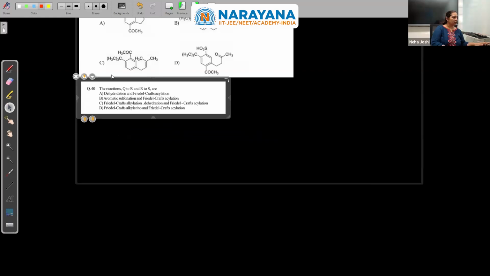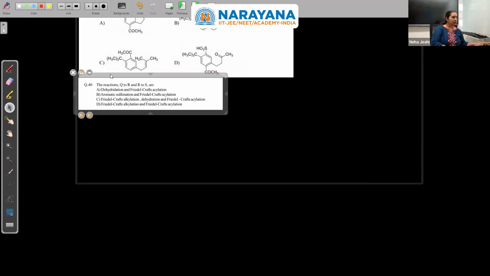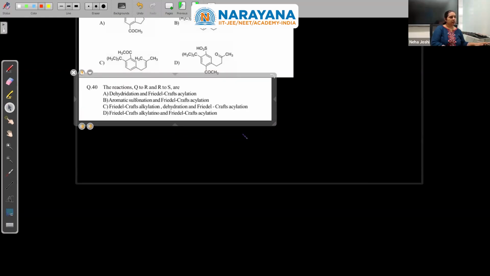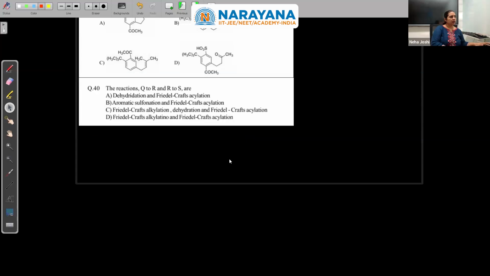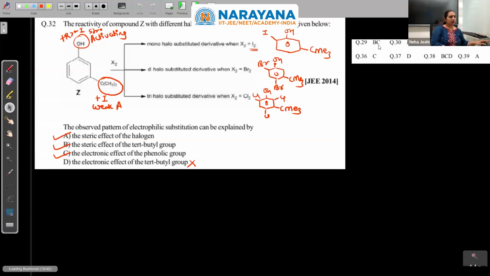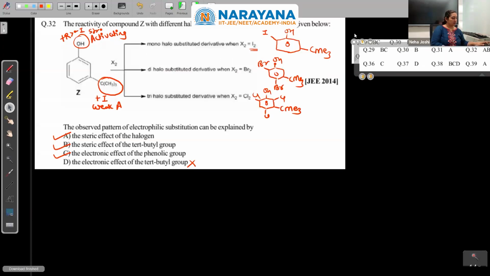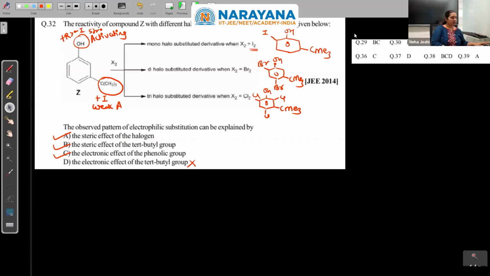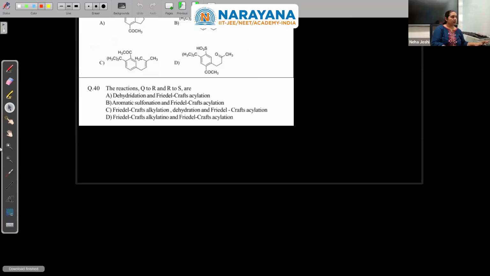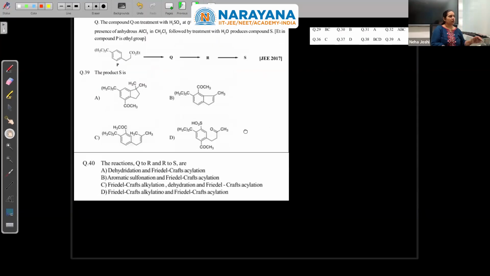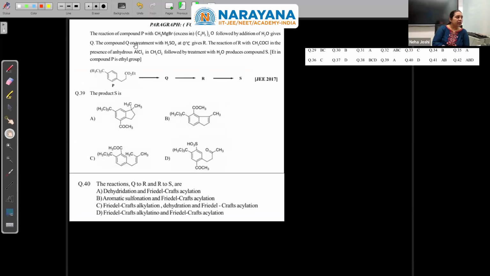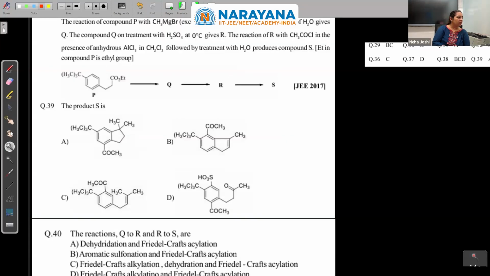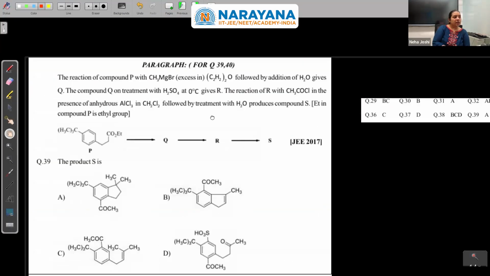I'll take the answer key also, don't worry. I guess we have got it all right. The reaction of compound P, here is a compound P, with CH3MgBr. I hope this is more clear now.